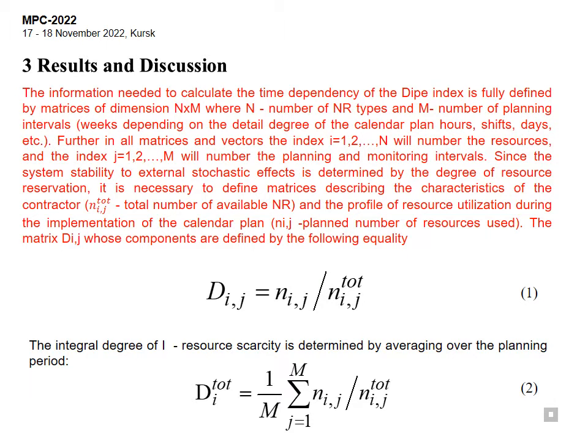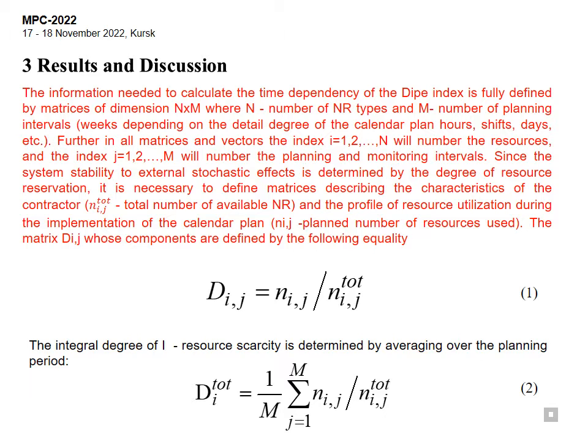The information needed to calculate the time dependency of the type index is fully defined by matrices of dimension n×m, where n is the number of NR types and m is the number of planning intervals. Further, in all matrices and vectors, the index i, 1, 2 to n, will number resources and the index j, 1, 2 to m, will number the planning and monitoring interval.